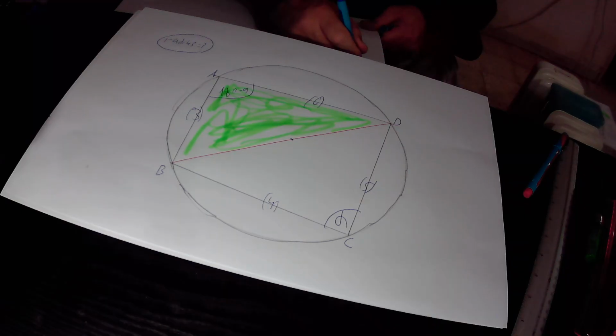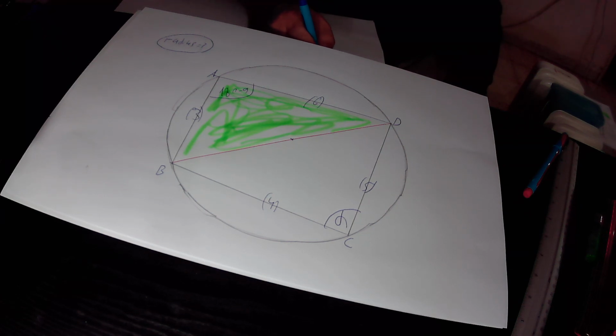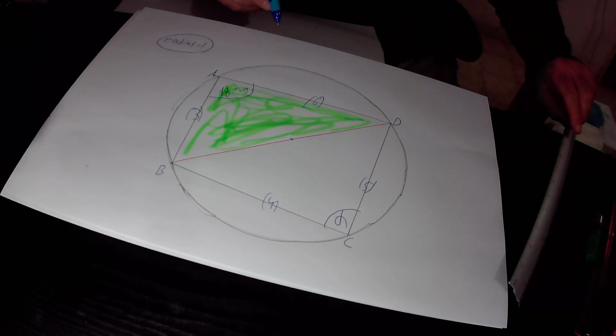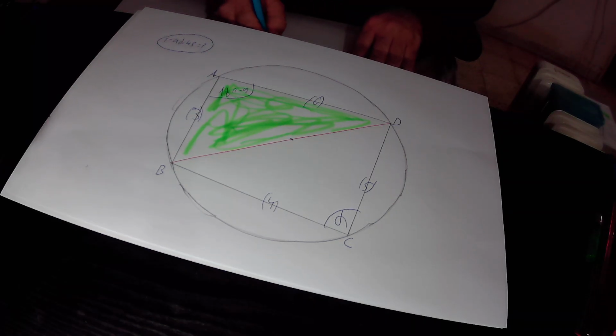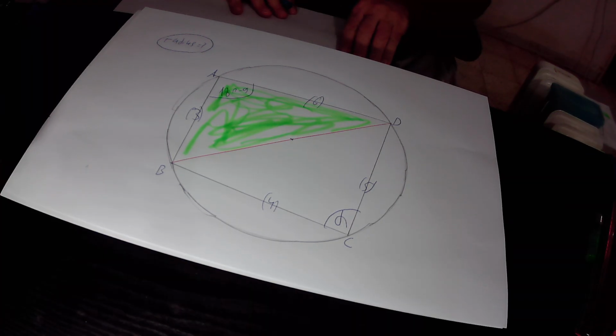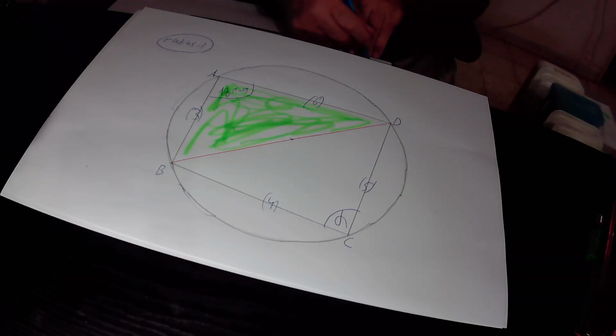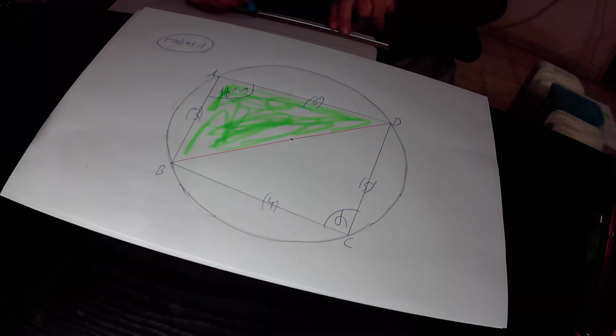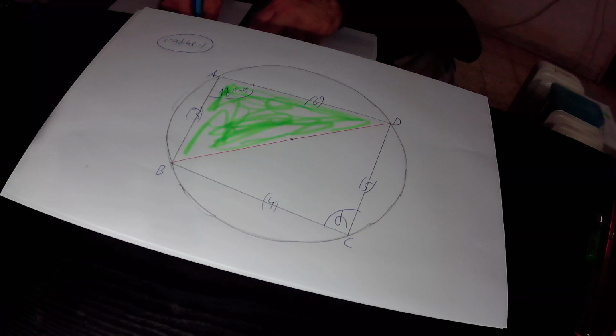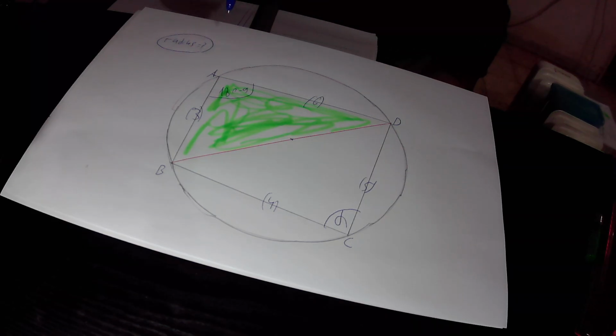According to the law of cosines, in triangle ABD the following equation is true: BD squared equals AD squared plus AB squared minus 2 times AD times AB times cosine 180 degrees minus alpha.